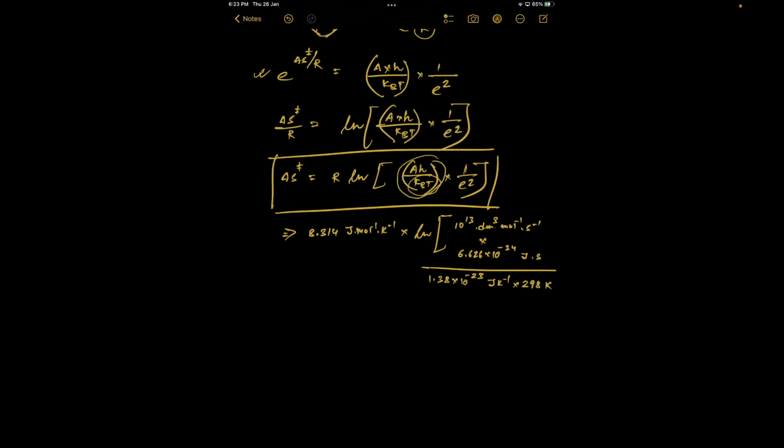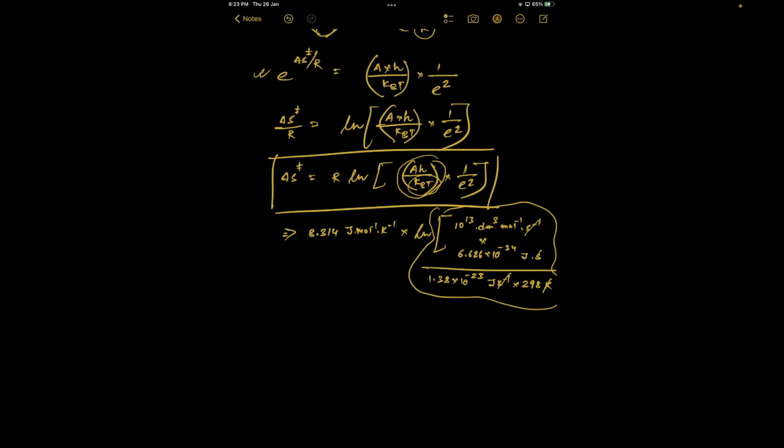Now e square is unitless. You can put the value of e in the calculator. So basically this whole thing inside the ln will be unitless. Look at this, the Kelvin inverse will cancel out, and the second inverse will cancel out.